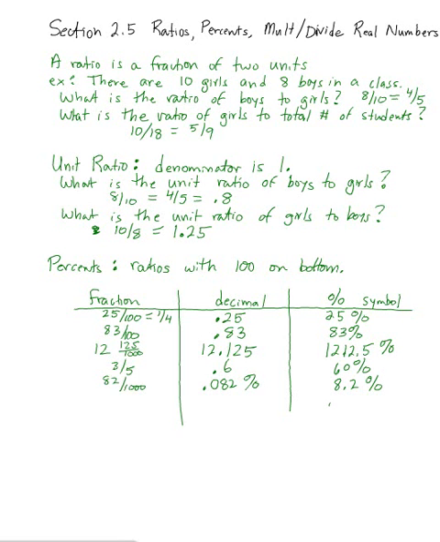How about last one of these? How about 0.004%? Now you've got to be careful here. A lot of people would write this as a decimal. Oh, I see I made a mistake up here. I shouldn't have that percent symbol there. A lot of people would write this as a decimal as 0.4 because they moved the decimal place, but you move the decimal place the wrong direction. Remember, if I give you a percent and you want to go to a decimal, you've got to move the decimal place to the left.